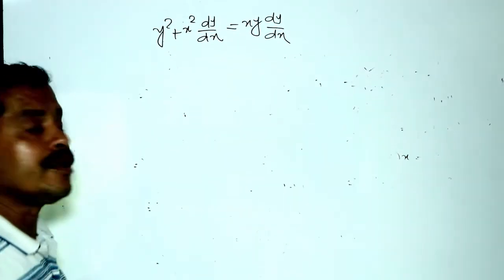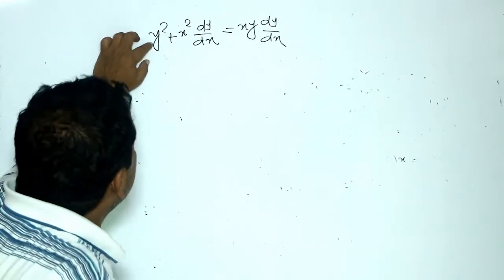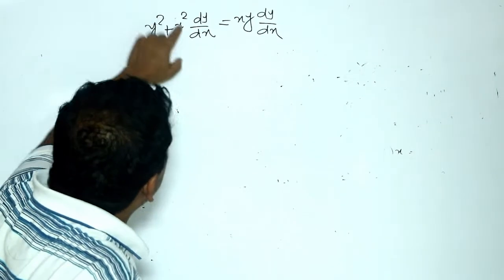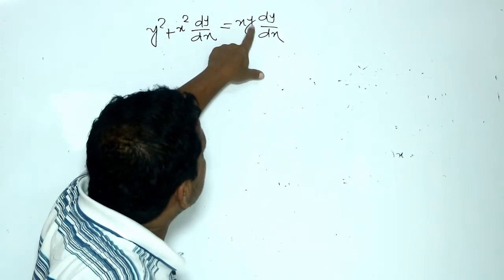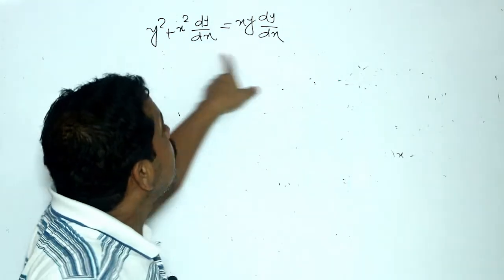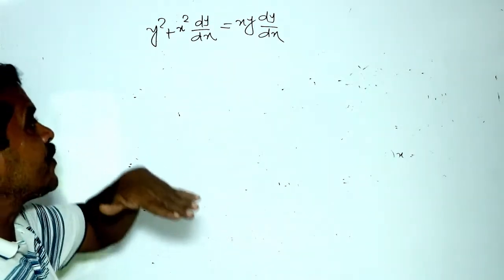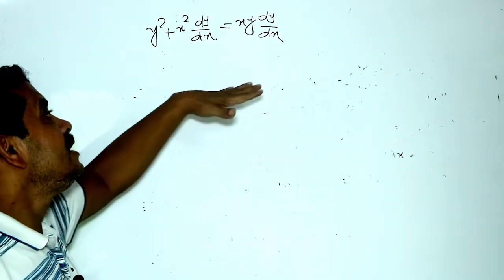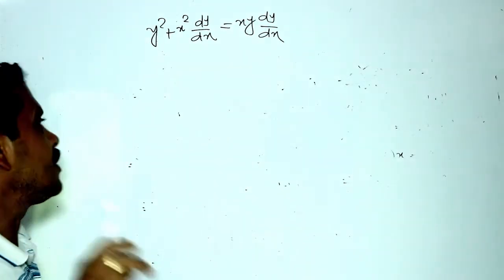This is also a homogeneous differential equation because each term is of the same degree. Here the power of y is 2, here also the power of x is 2, and here the power of x and y both is 1, 1, 2. So it is a homogeneous differential equation. If each term is of the same degree, then you can easily identify it is a homogeneous differential equation.